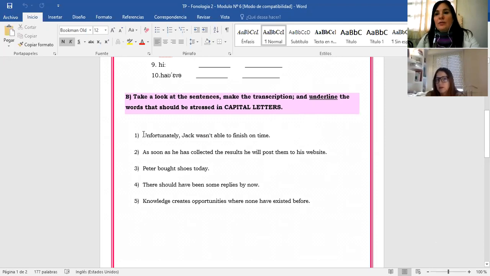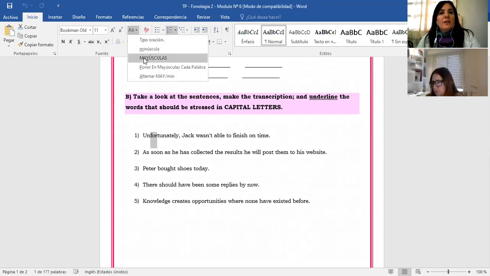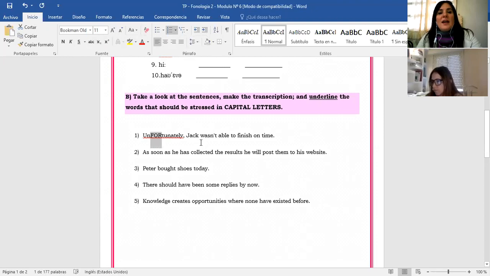In this case, unfortunately, of course, that we have to underline. Fortunately. Ponemos en capital letters. Okay. Jack wasn't able to finish on time. Yes, we can stress Jack because he is the subject, right?